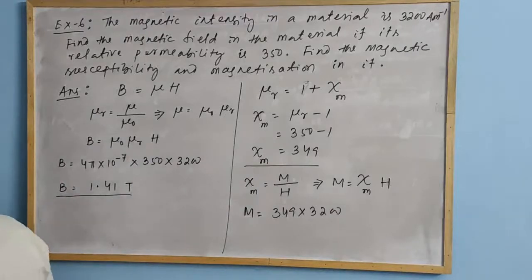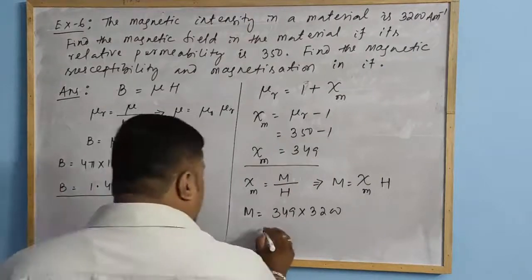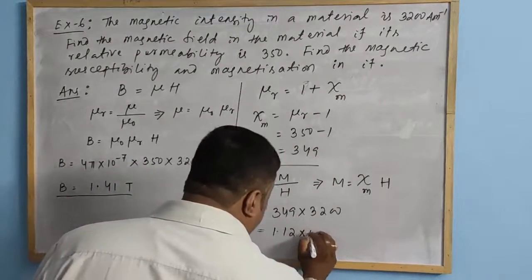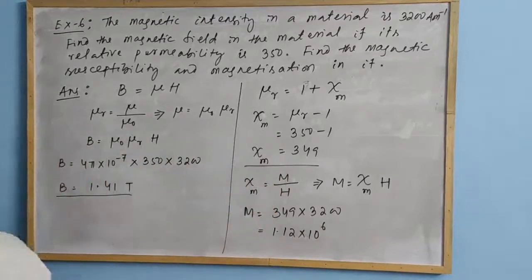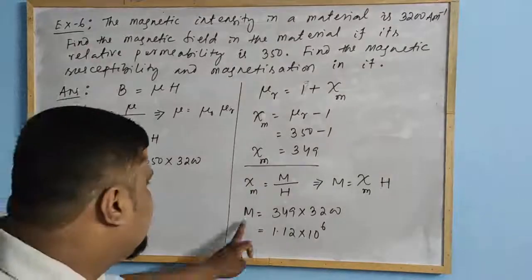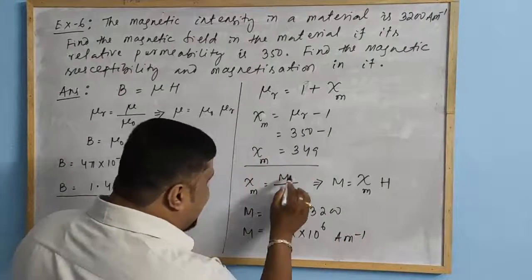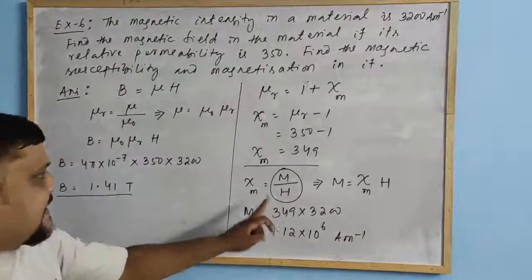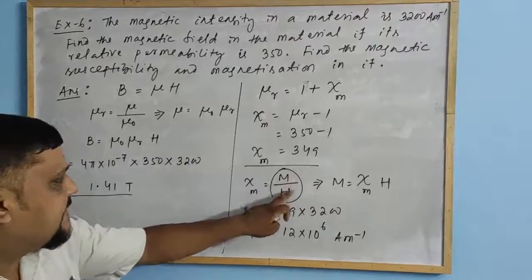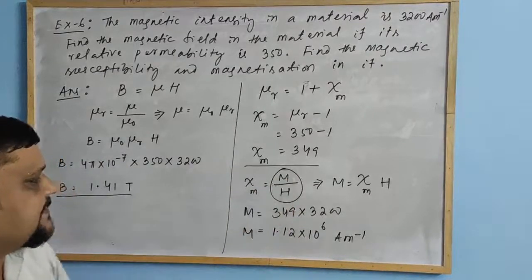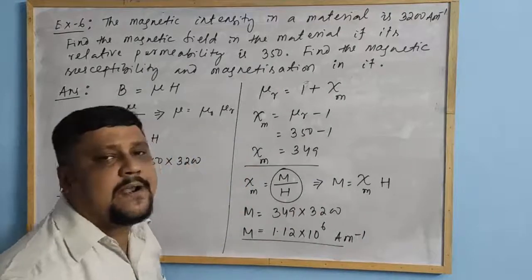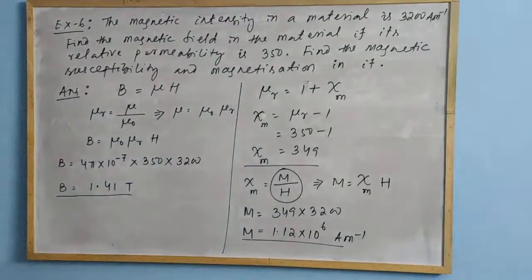Now if you multiply that, you will get 1.12 into 10 to the power 6. And what is the unit of this M? Ampere per meter. H and M both have the same unit. That's why susceptibility has no unit, because M by H is ampere per meter divided by ampere per meter. This is the third part. In this way, we use the direct formulas, and you will get the answers.